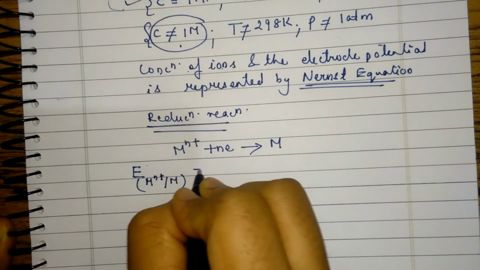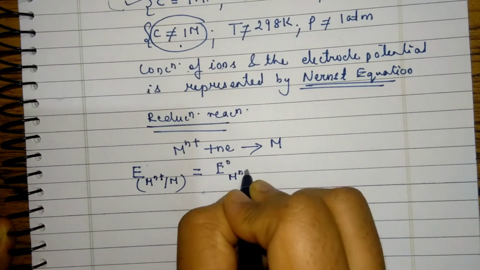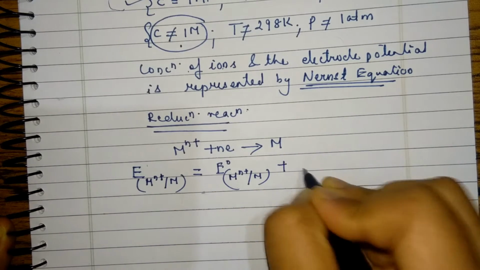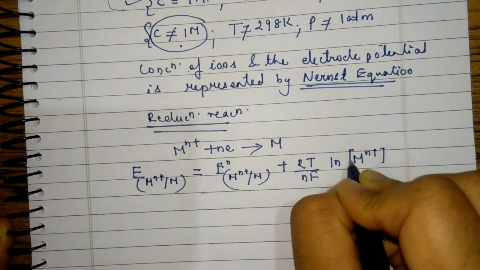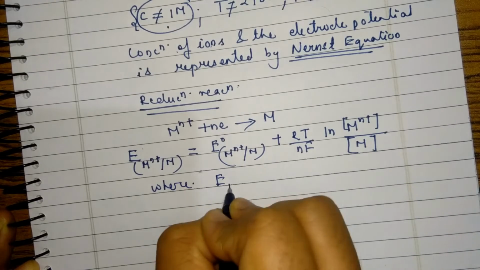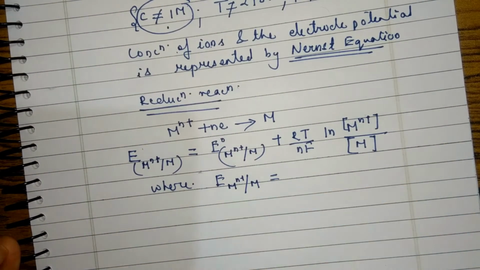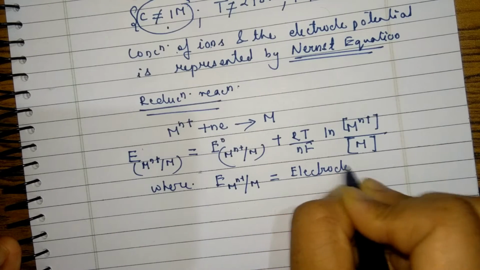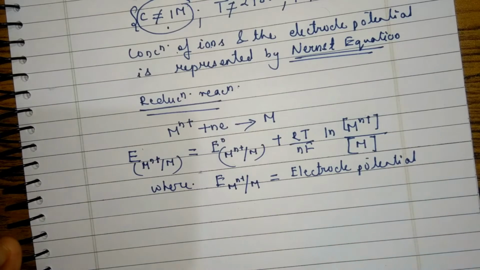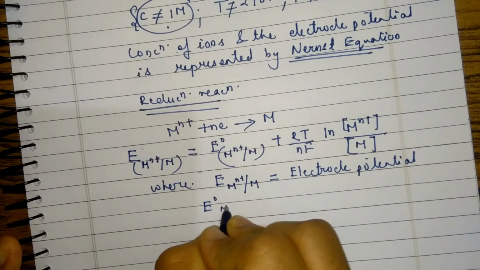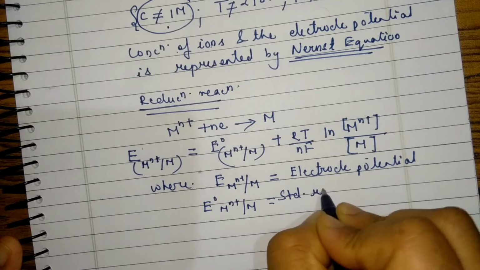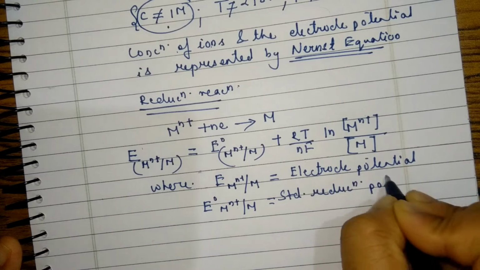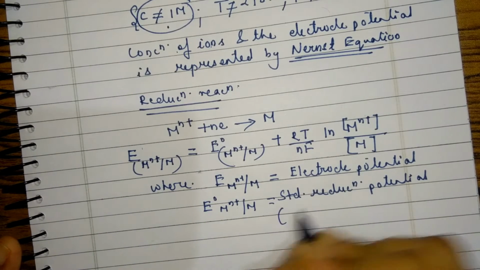The electrode potential is represented as the standard reduction potential plus RT by nF ln [M^n+]/[M], where E of M^n+/M is our electrode potential, and E0 of M^n+/M, or E0 cell, is our standard reduction potential.